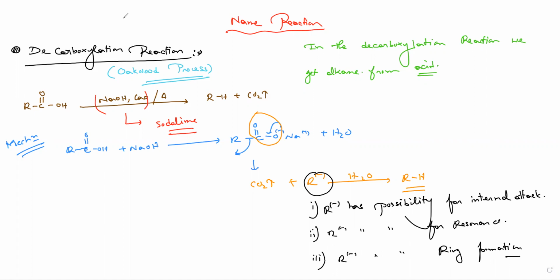So basically now rate of decarboxylation reaction is proportional to negative charge stability. That means if the negative charge stability increases, rate of decarboxylation also increases.